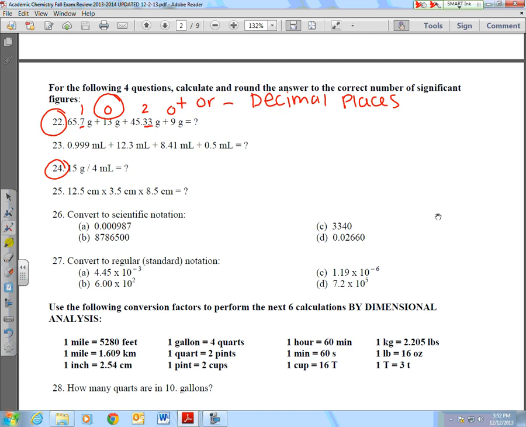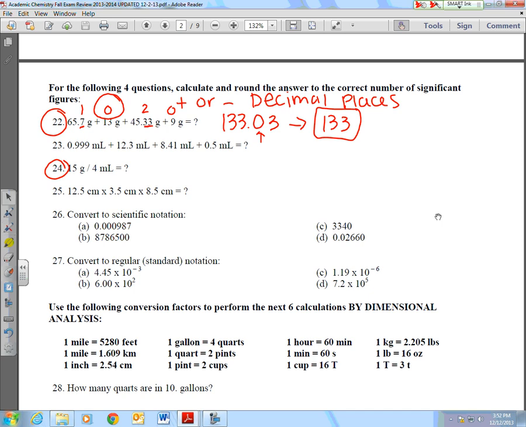Do you see what I'm saying? So my answer comes out to 133.03. But it's important I round this to 0 decimal places. So when I round, it's just 133. Okay? Now, if this number was 133.5, it would round up to 134. But because this is a 0, it doesn't round up. Do you see what I'm saying? Does that make sense? Yes.